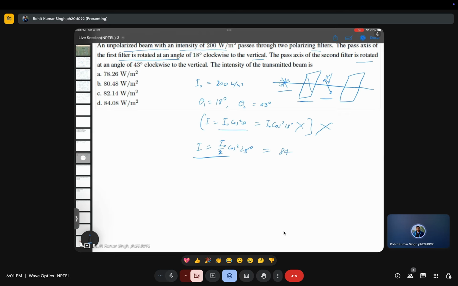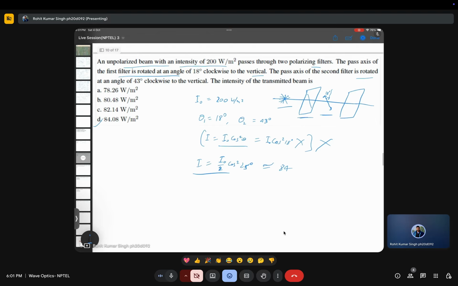It will be around 84. So D option. So remember this, don't blindly use the equation. The first polarizer will just reduce the intensity by half, just remember this.